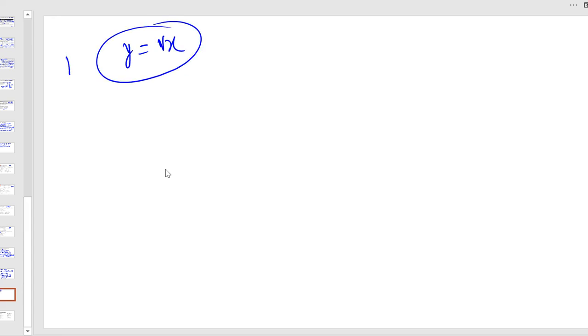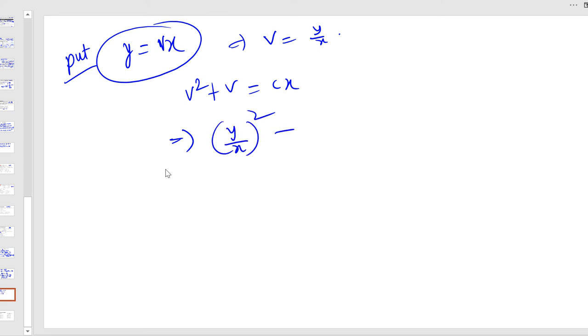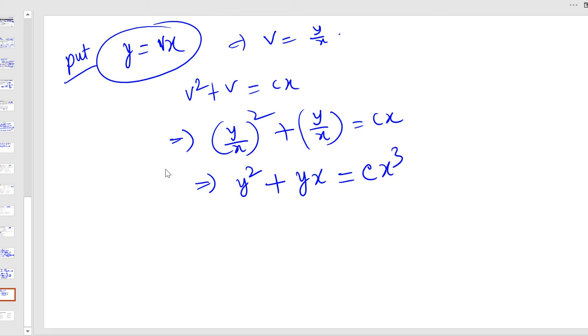Substitute, so v equals y by x. So v square plus v equals cx will give you y by x square plus y by x equals cx. From here we get y square plus y into x equals cx cube.